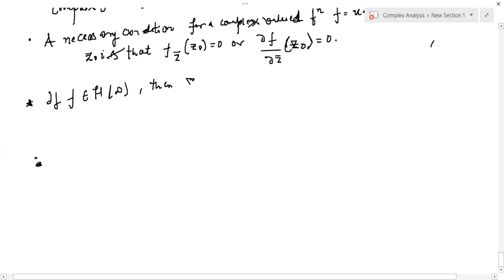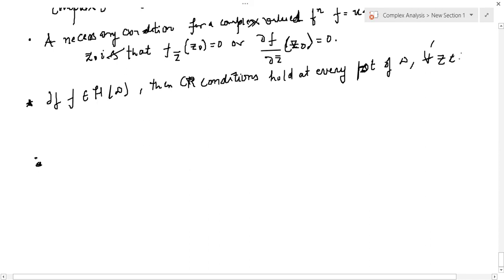So CR conditions hold at every point of D, that is for all z belonging to D. See, please understand this particular point.